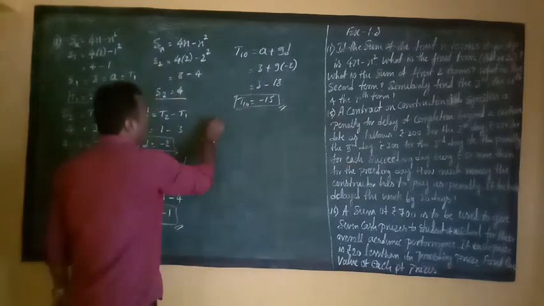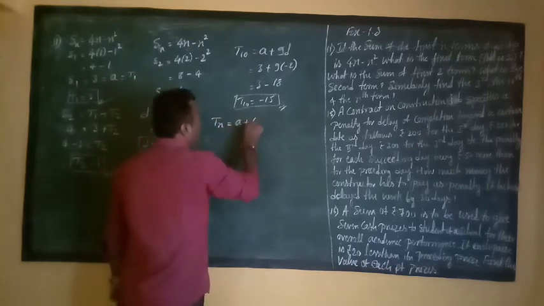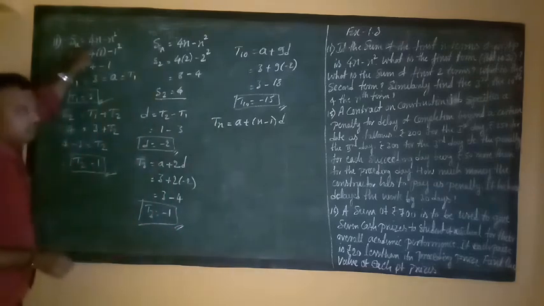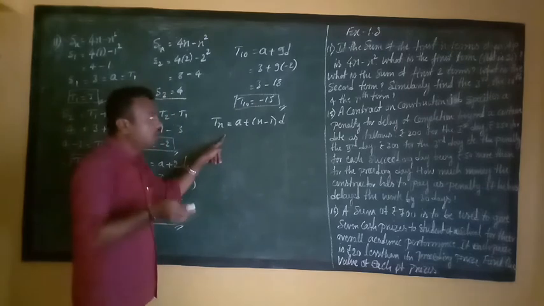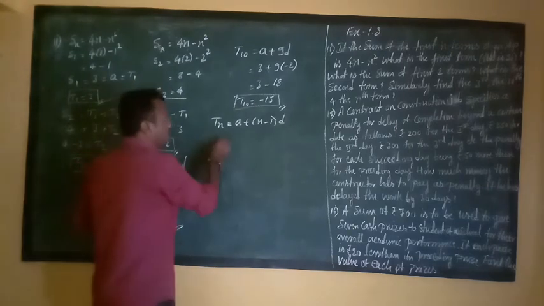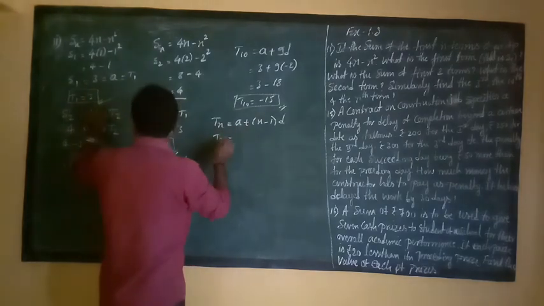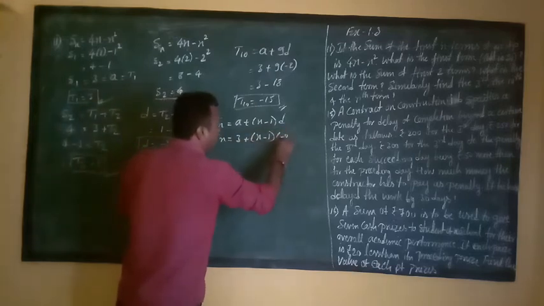Next, similarly, the nth term of an AP. What is the nth term of an AP? Tn is equal to A plus n minus 1 into D. So we want to calculate the nth term in the given question. Tn is equal to A, the first term, which is 3, plus n minus 1 into D, which is minus 2.